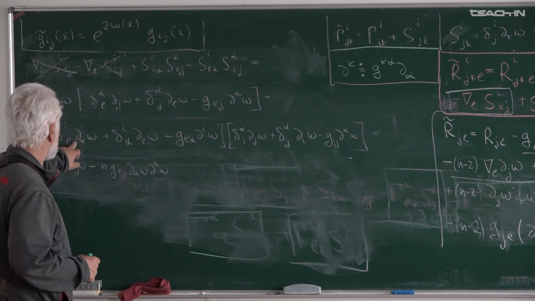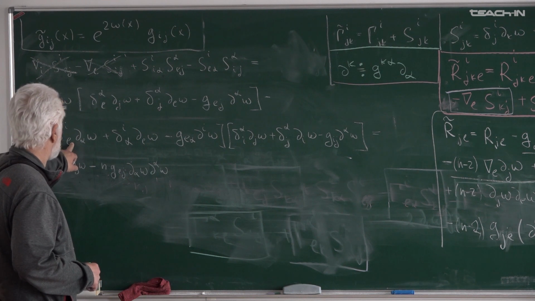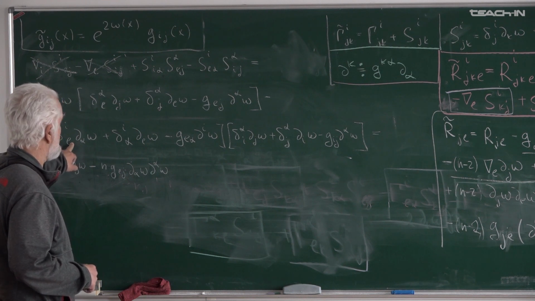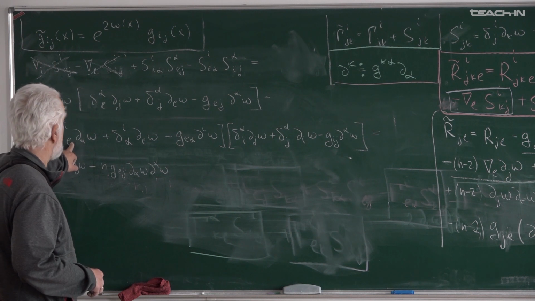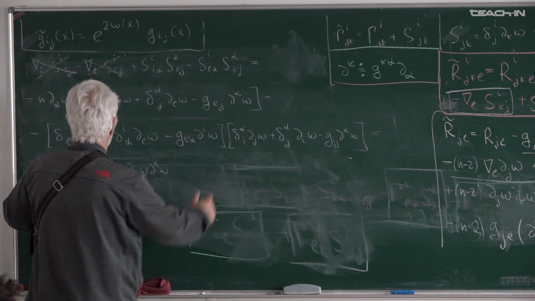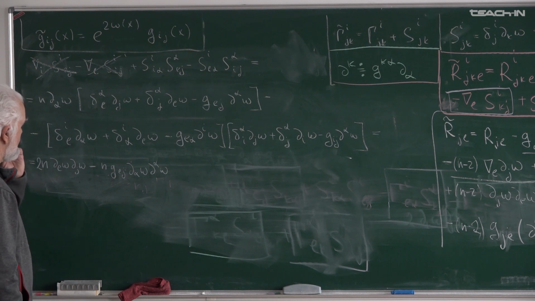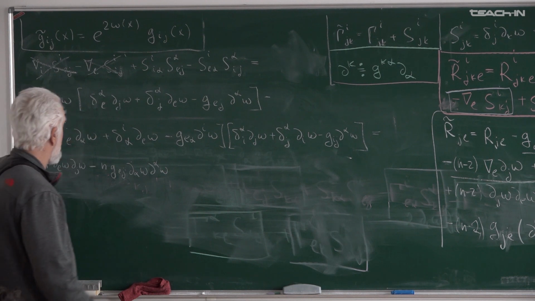This is delta by summation. First of all, let's sum by this term and let us sum by I. We obtain d alpha, d L omega, dj omega.